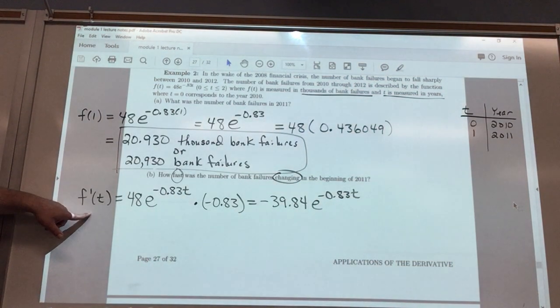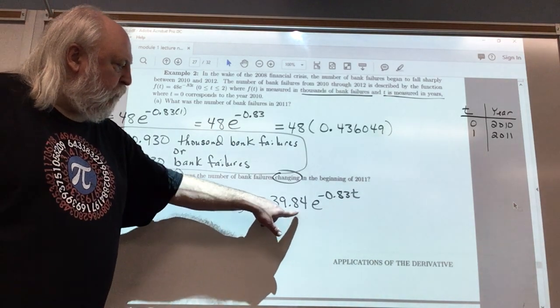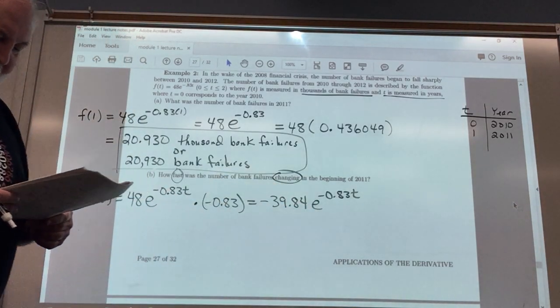So f prime of t, the derivative of f of t, in this case is equal to minus 39.84 times e to the minus 0.83 t power.